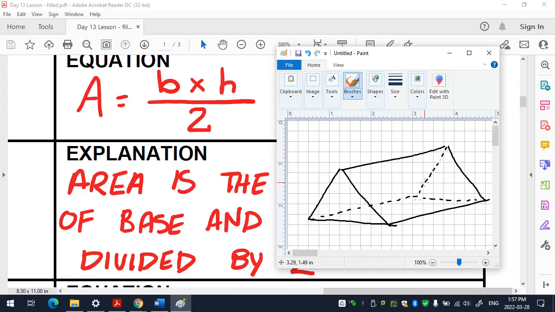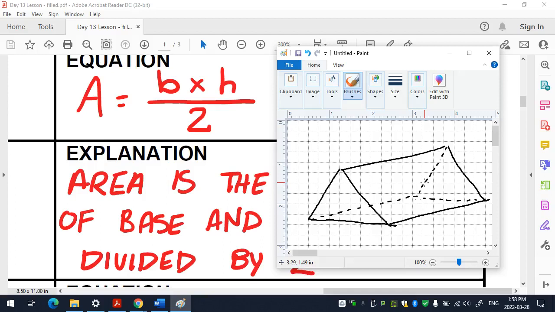Now, what shape is this? It's a triangle. The entrance of a tent is usually a triangle. If I want to know how big this triangle is, what did I just tell you need to know? You need to know the base of this triangle, or how wide it is.